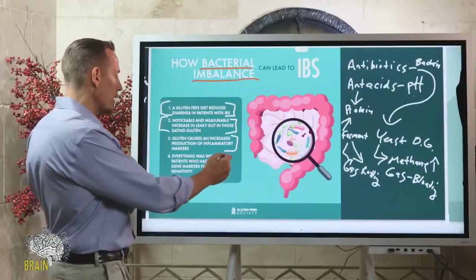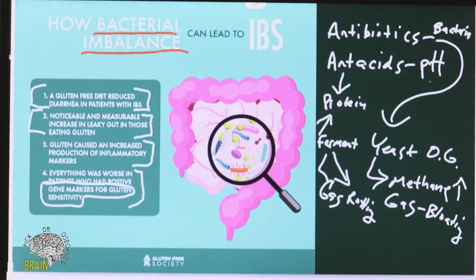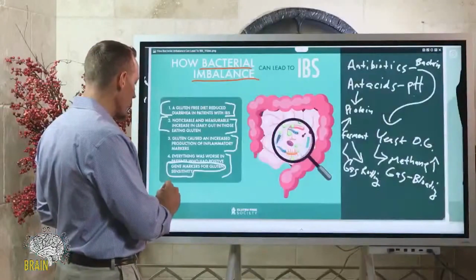We also know that everything was worse in patients who had positive gene markers for gluten. Okay, and this is why you hear me harp about this a lot. If you've watched my master class, I talk a lot about the genetic markers of gluten sensitivity and why blood tests aren't super accurate.